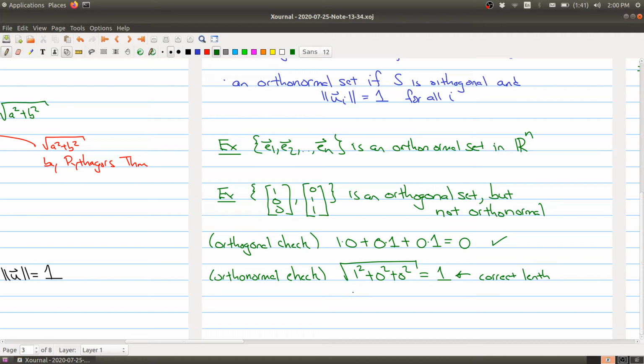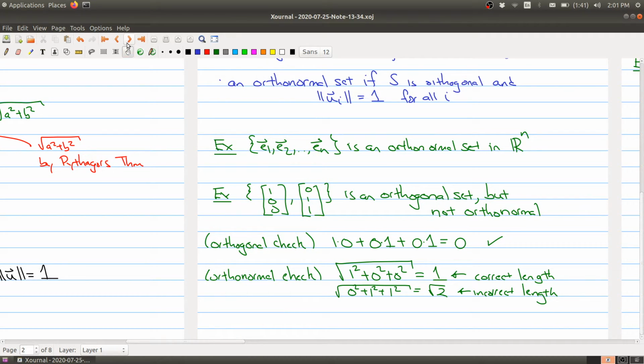But for the second vector, I have 0 squared plus 1 squared plus 1 squared, and I get the square root of 2. This is the incorrect length, because I wanted it to be length 1. So we have a set that's orthogonal, but not orthonormal.